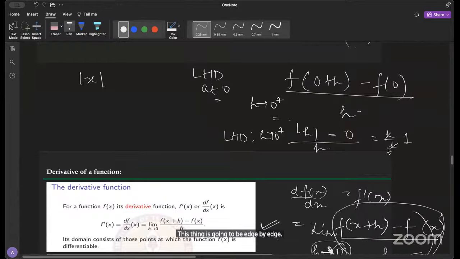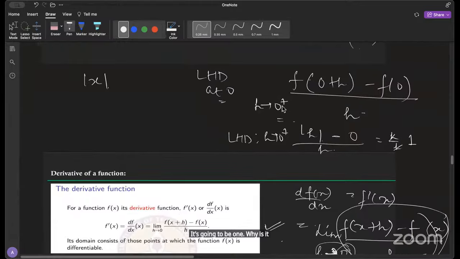It's going to be 1. Why is it h? Because it's 0 plus. That means you're taking numbers greater than 0: 0.5, 0.05, 0.005. So you're taking positive numbers. That means the mod of this thing is going to be positive, right? So I can just write h here.